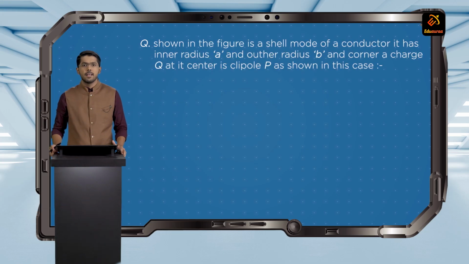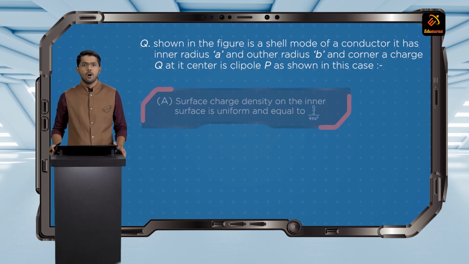Shown in the figure is a shell made of a conductor. It has inner radius A and outer radius B and carries a charge Q. At its center is a dipole P as shown. In this case, option A, surface charge density on the inner surface is uniform and equal to Q by 2 upon 4 pi A square.